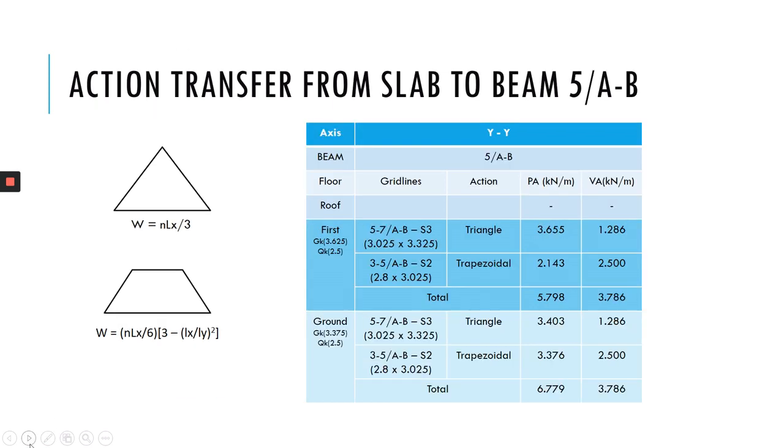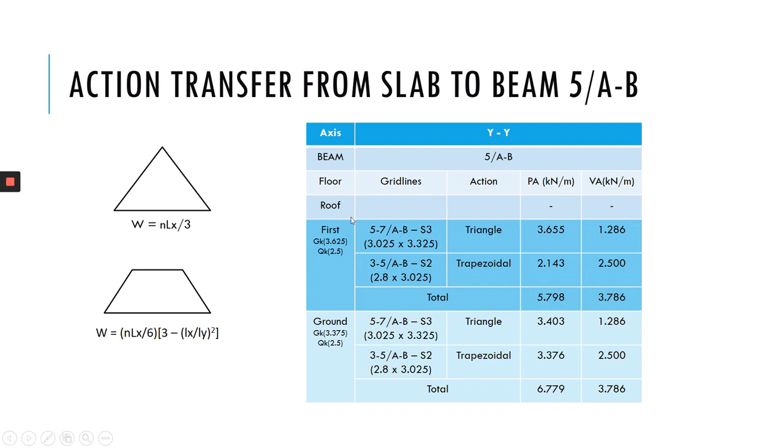Next, we have to do the same process also for the action transfer from slab to the beam 5AB. For beam 5AB for the z-axis, for the first floor, it will receive a load from slab 3 and also slab 2.